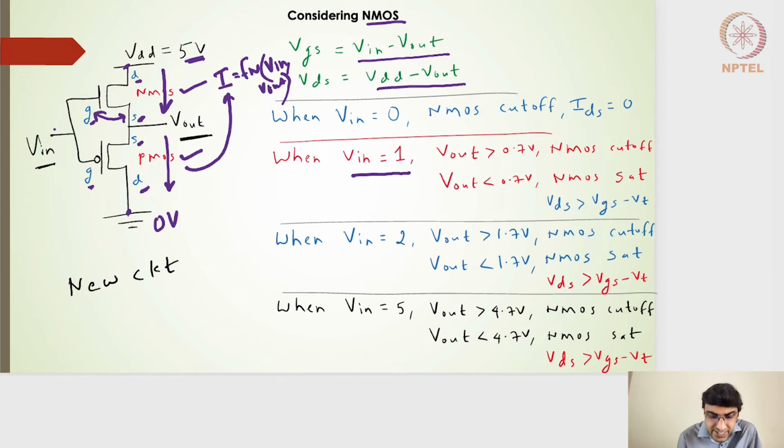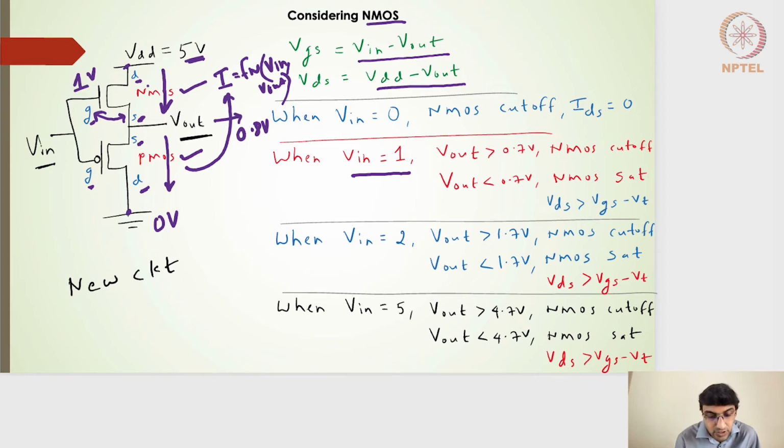So the gate voltage is 1 volt here, and let's say that V output is 0.8 volts. For some reason, it has gone to 0.8 volts. So V input is 1 volt, V output is 0.8. So VGS value turns out to be 0.2 volts. All right, so the NMOS will be in cutoff.